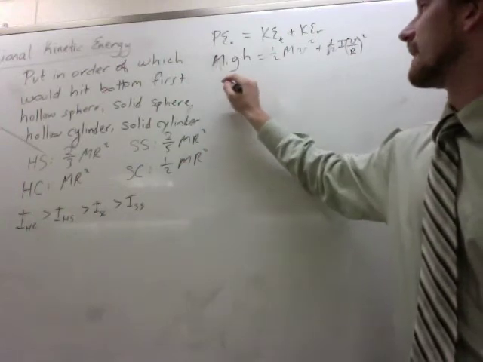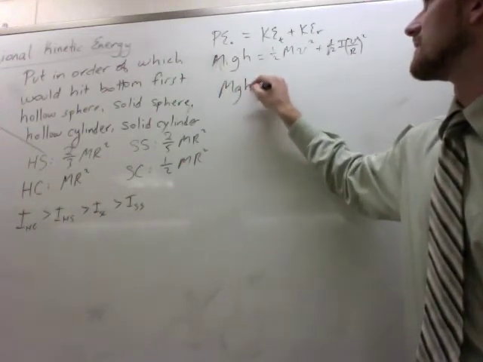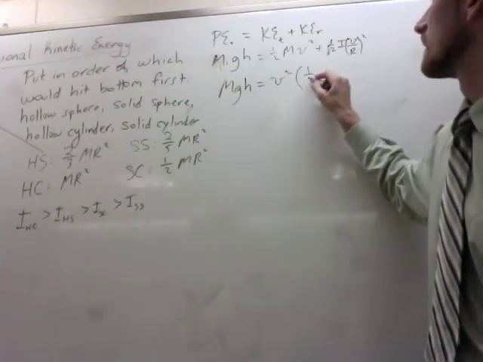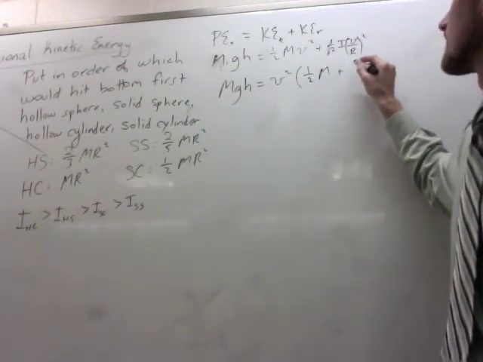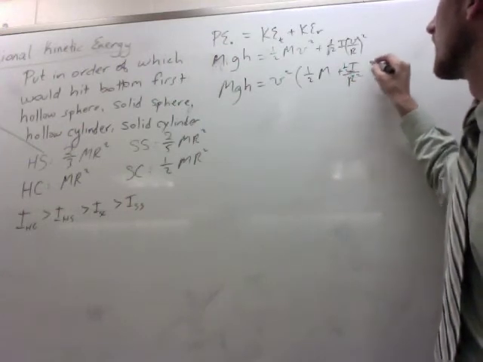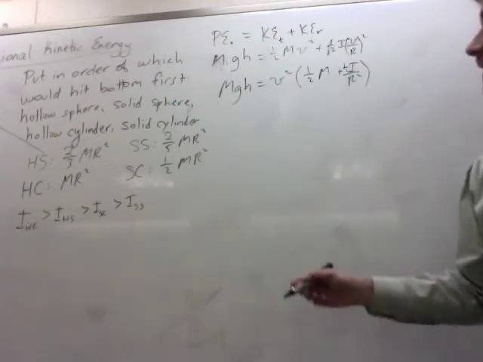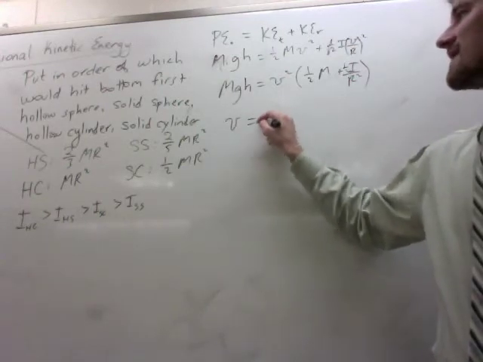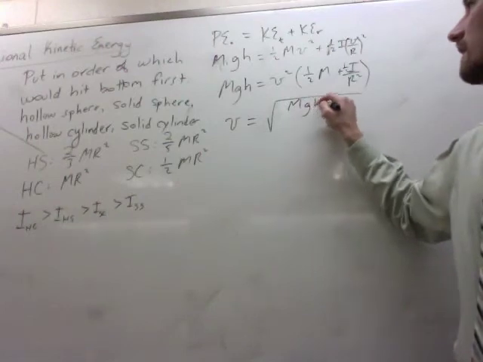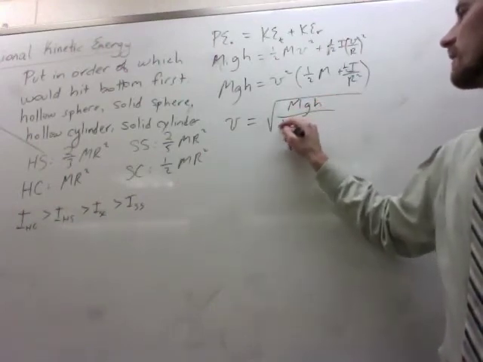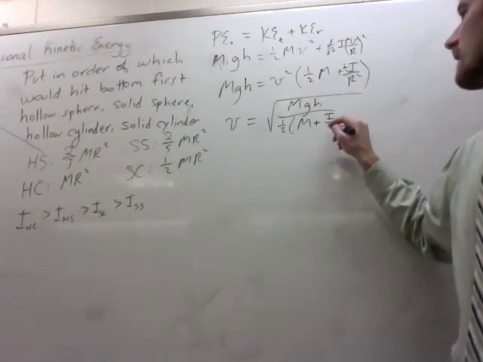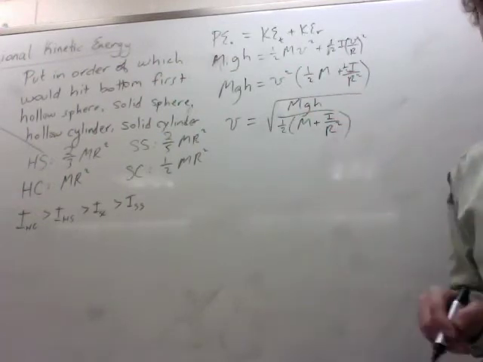If we want to get that v by itself, mgh is equal to v squared times 1/2 m plus 1/2 I over r squared. So our velocity is going to be equal to the square root of mgh over 1/2 m plus I over r squared.